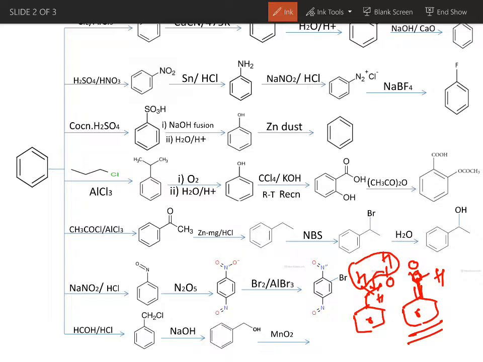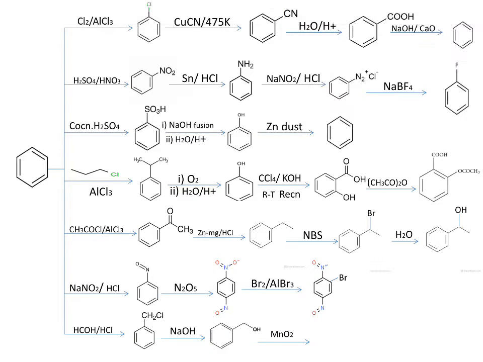Now this benzaldehyde, which is formed with MnO2, is further reacted with MCPBA. MCPBA is also a selective oxidizing agent and is called metachloroperbenzoic acid.